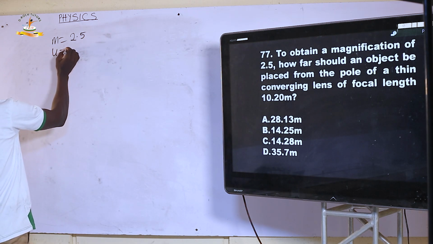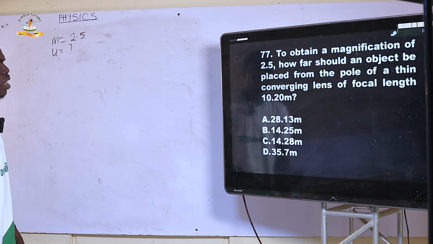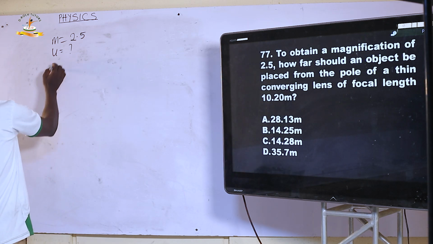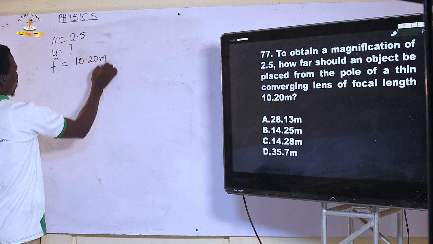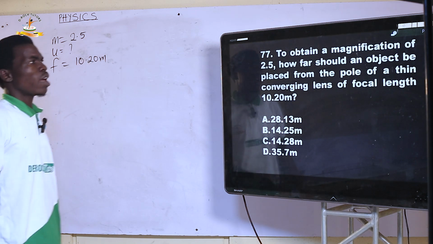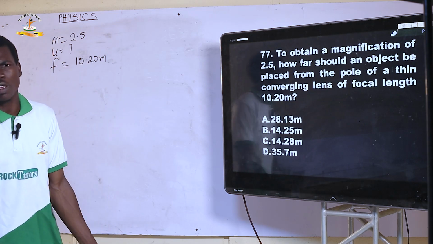An object is placed from the pole, that is, we are looking for the object distance. And we were told that the focal length is 10.20 meter. Since it is a converging lens, the focal length of a converging lens is always positive.